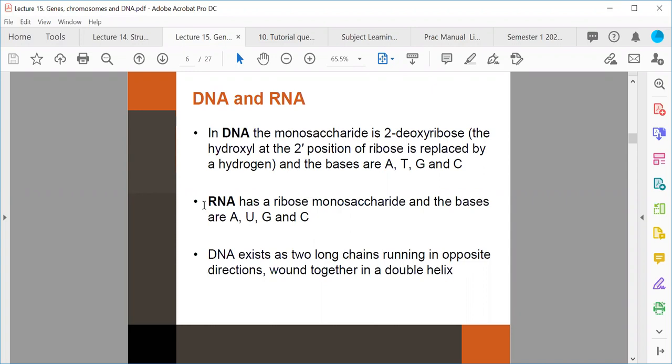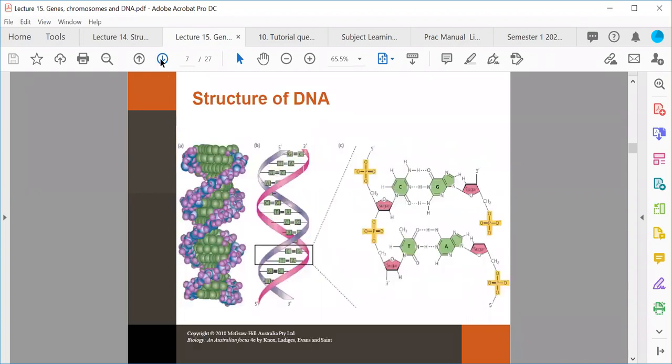RNA, on the other hand, always exists as a single chain of nucleotides. So very different in that respect. RNA is also a very transient molecule. It is broken down very quickly after it's synthesized, whereas DNA is very robust, it's very long-lived.